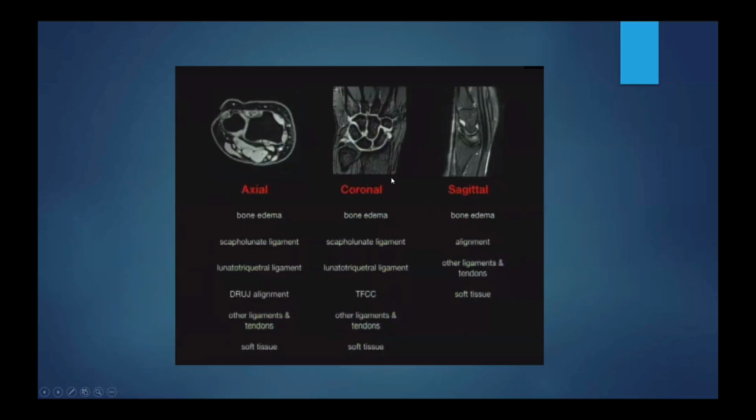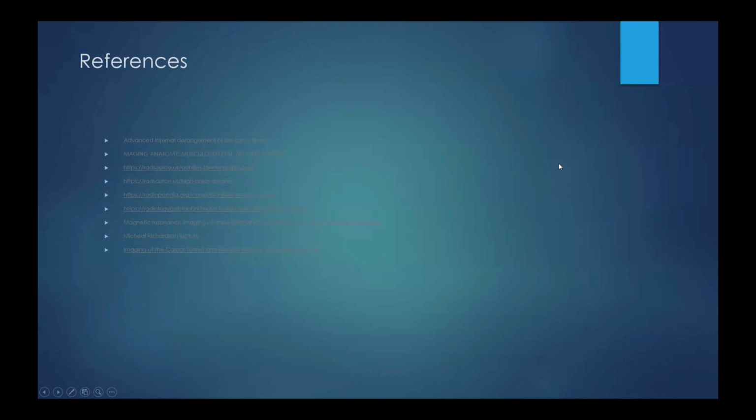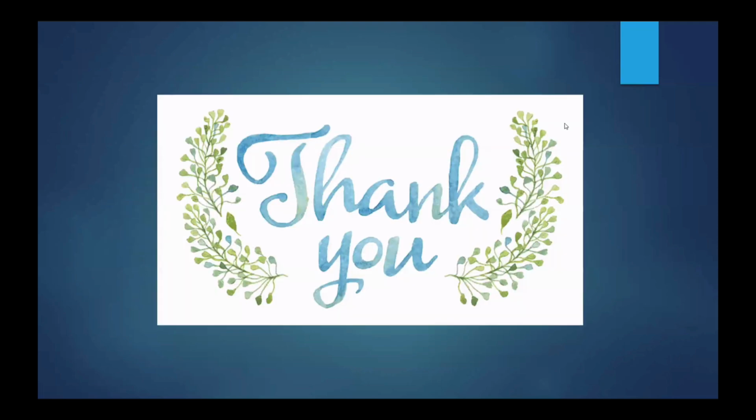On the coronal images, we see bone marrow and also the ligaments, triangular fibrocartilage best seen on coronal images, and also we assess the tendons and ligaments. On the sagittal planes, usually we assess bone marrow edema, the alignment, and also the other ligaments and tendons. These are my references, and thank you very much.